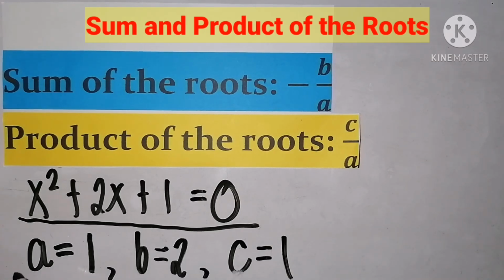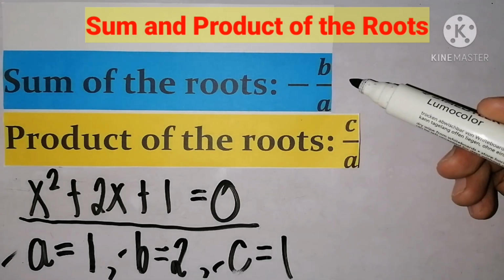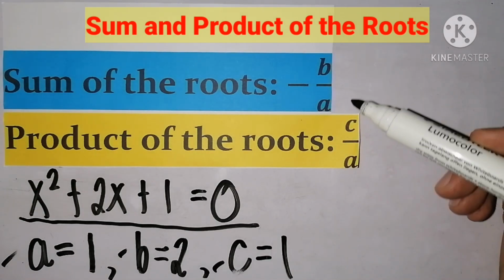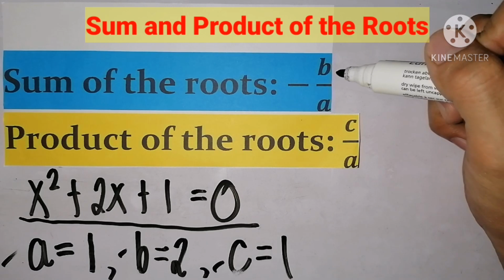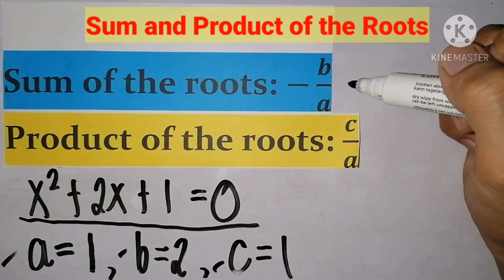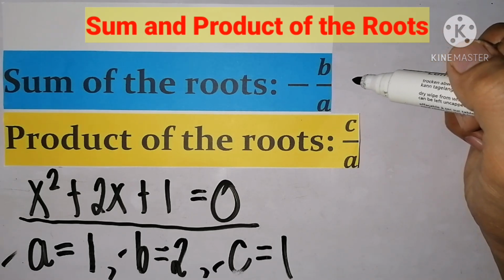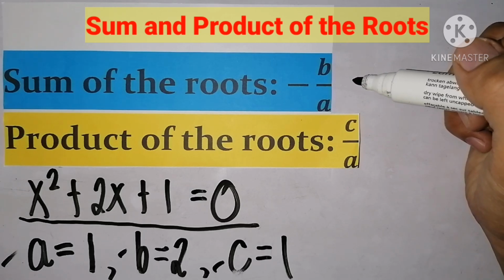After identifying a, b, and the constant, we will now find the sum of the roots. For the sum, we have negative b over a. We will simply apply the substitution property.